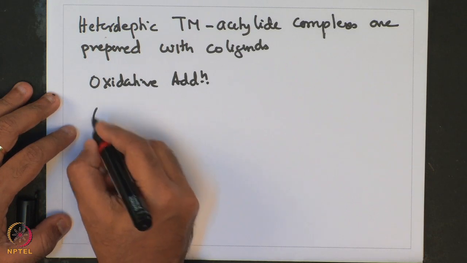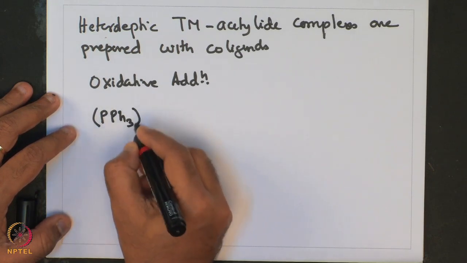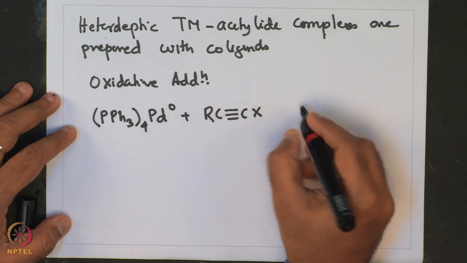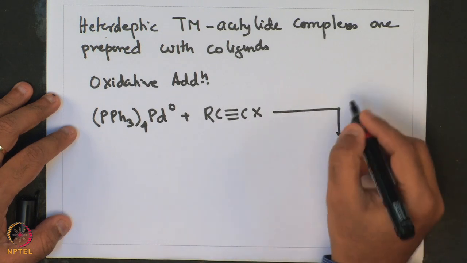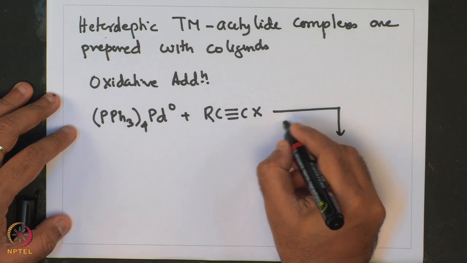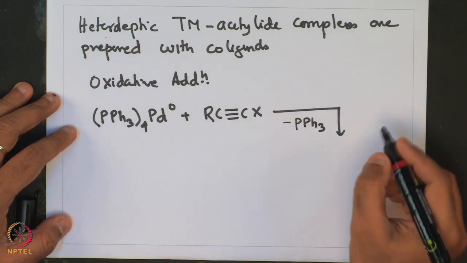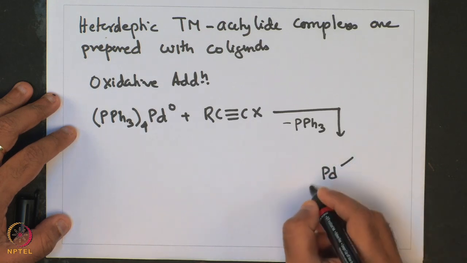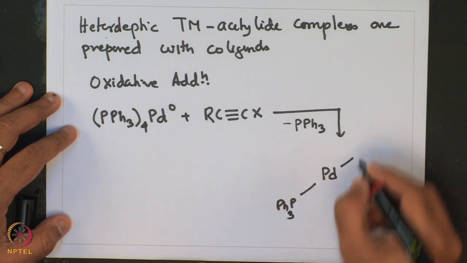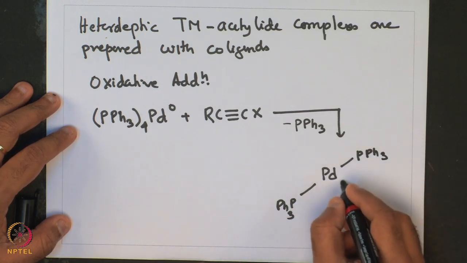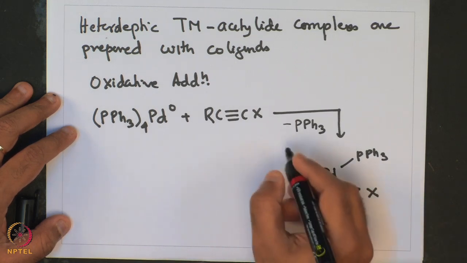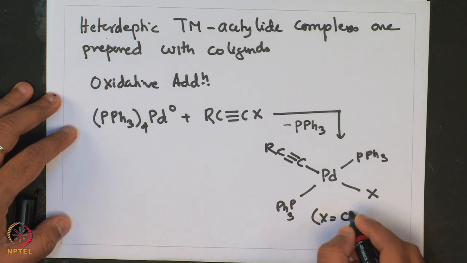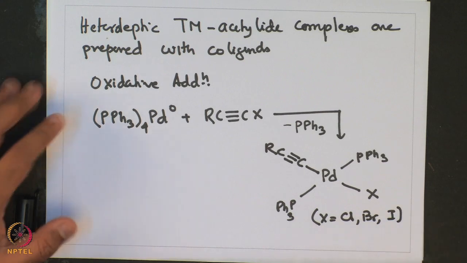For example, the reaction of tetrakis(triphenylphosphine) palladium 0 complex plus the C-X bond, where the C-X bond is oxidatively added on the palladium 0 center, eliminating triphenyl phosphine to give this trans complex, where X equals chlorine, bromine, iodine.